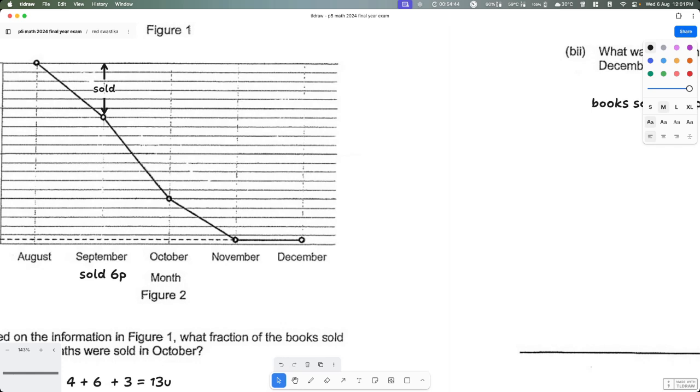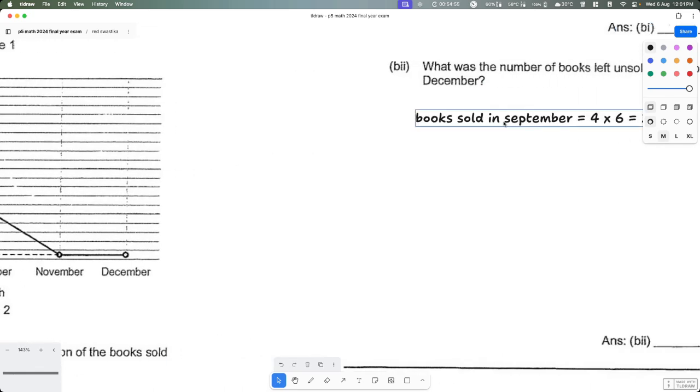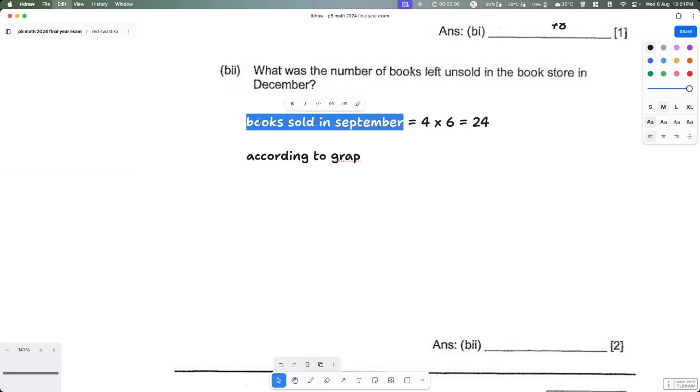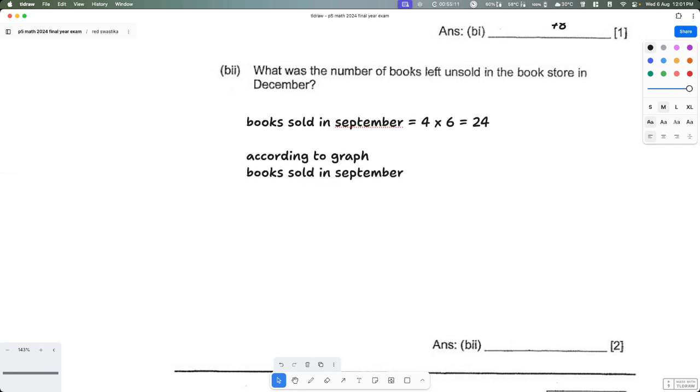So what this means is that we can just convert what we have sold, which is 24, to 6 parts. Books sold in September, according to the graph, books sold in parts is equal to 6p, or 6 parts.